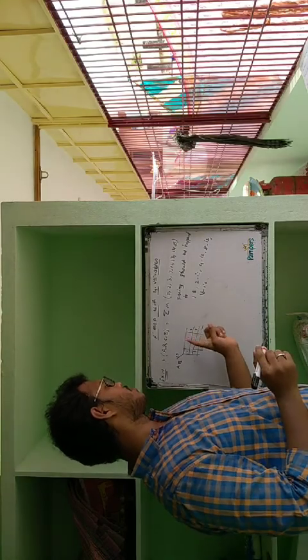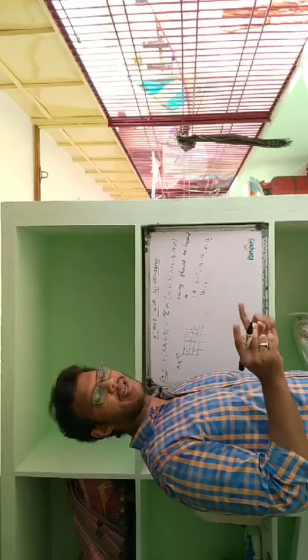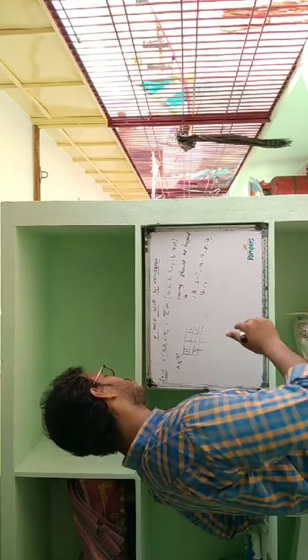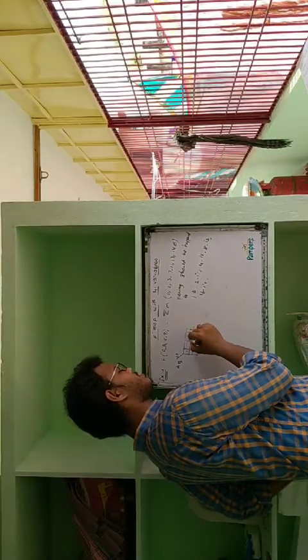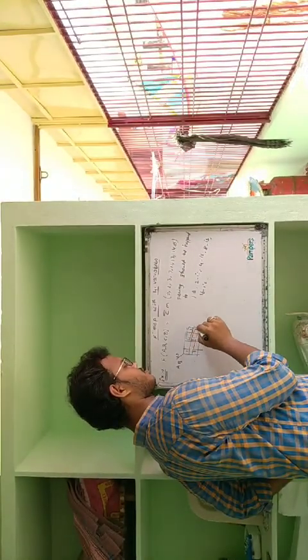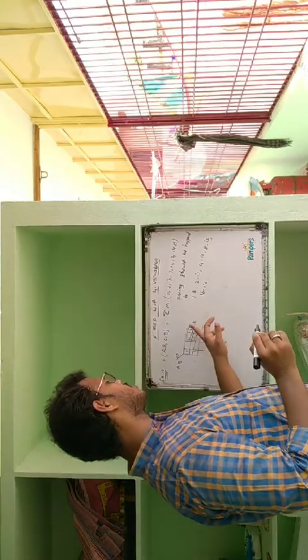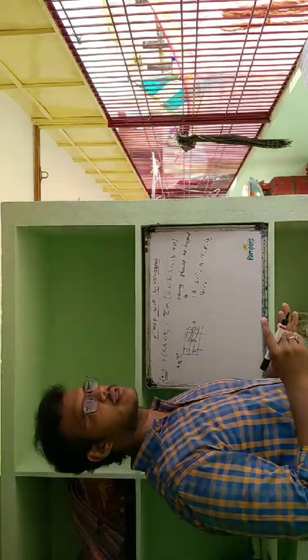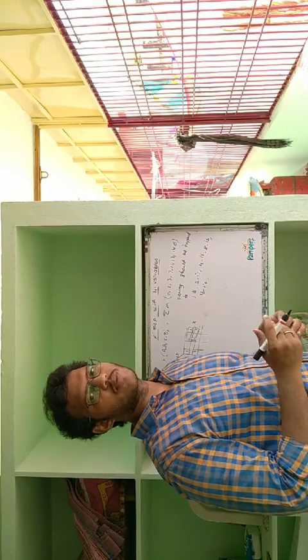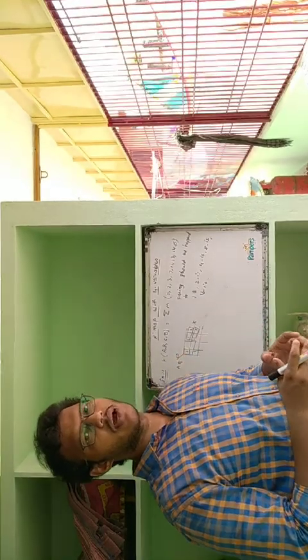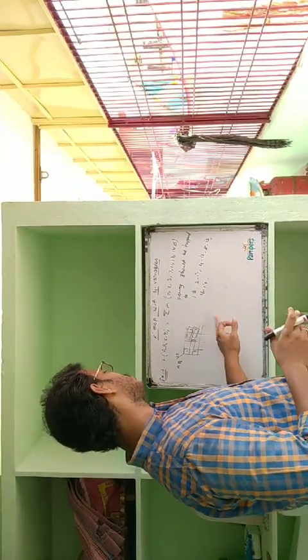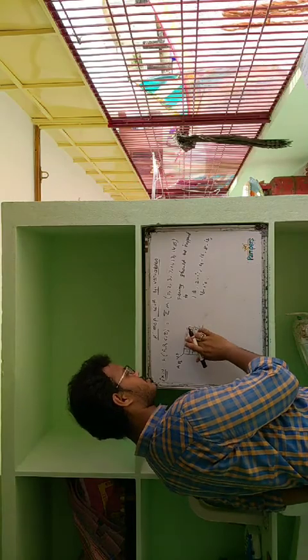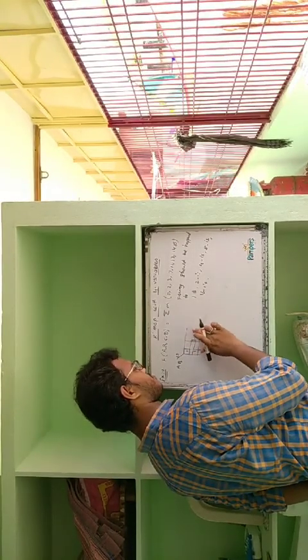So for this you have to pair at the maximum possibility. So don't pair like this. It's not a wrong thing, but it takes more steps to evaluate. So pair at once.